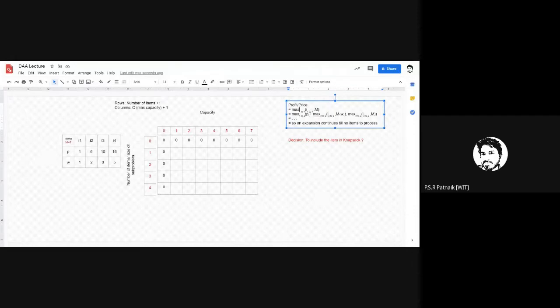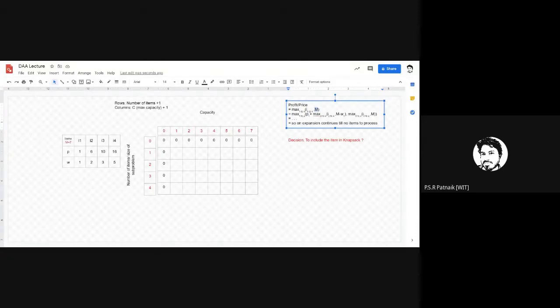If I include I1 in my solution, then I will incur the profit or the price associated with item 1. Plus, once I include item 1, the sack capacity will no longer be M. It would be M minus W1.